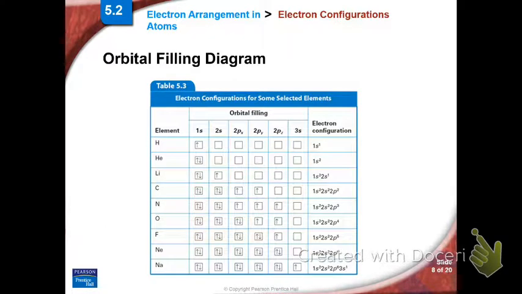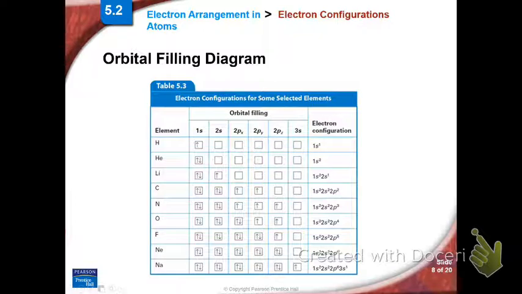Here are some examples of electron configurations over here. Here's your element. Hydrogen has 1 electron. It's going to go in the first box. We show it with an arrow going up.